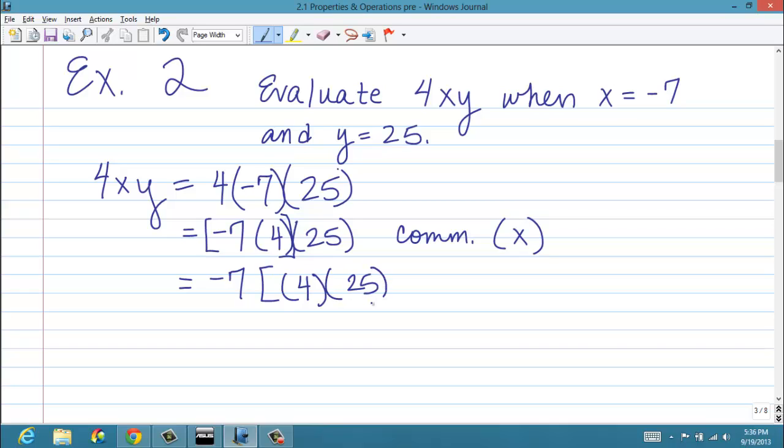We'll multiply those first. By changing the association, I've used the associative property of multiplication. I'm just demonstrating those properties. Let's go ahead and multiply these. This will be negative 7 times 100, and I did those two because they're easier to do mentally. And when we multiply this, we get negative 700.